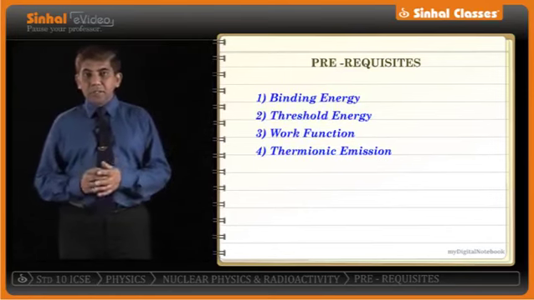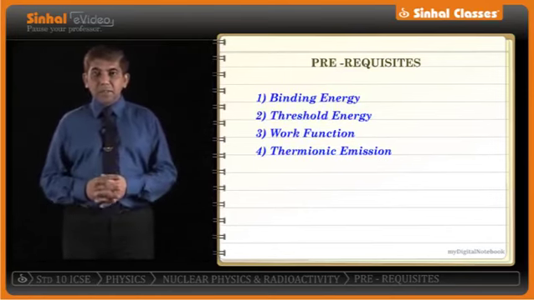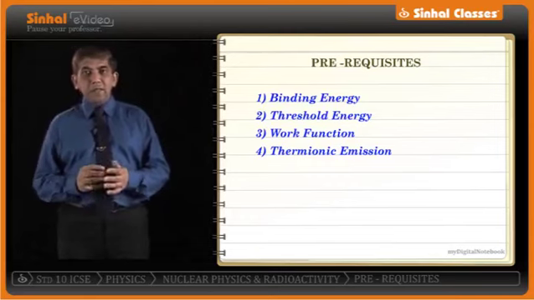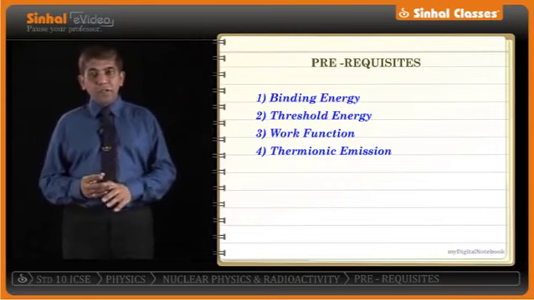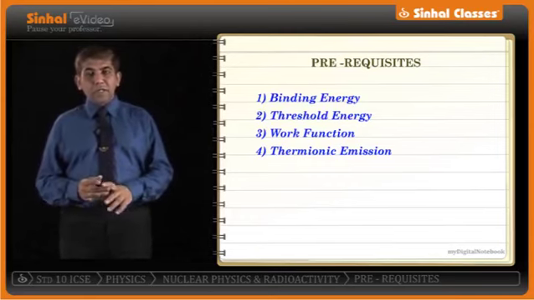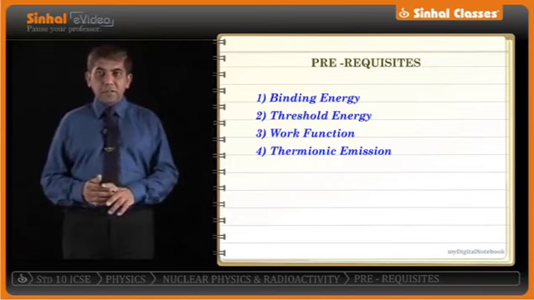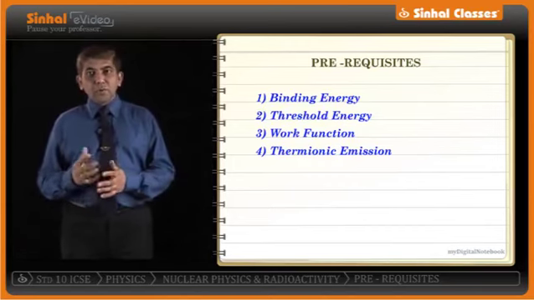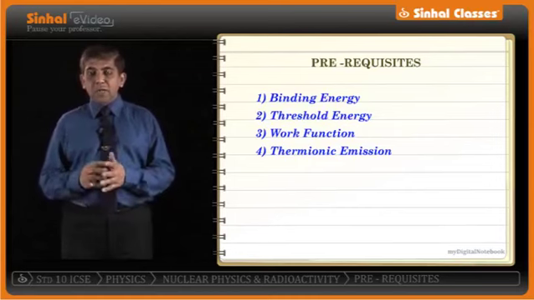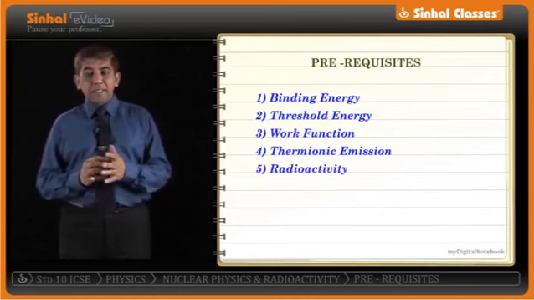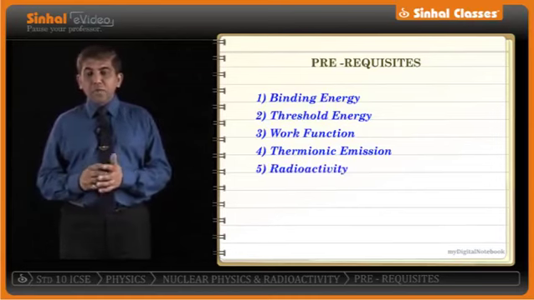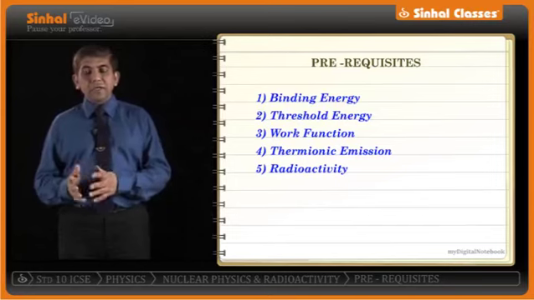So the most important terms used in this chapter are thermionic emission, work function, threshold energy, and binding energy. Along with this, we should also remember in the second half what radioactivity deals with. It is a nuclear phenomenon and no chemical changes would affect radioactivity.